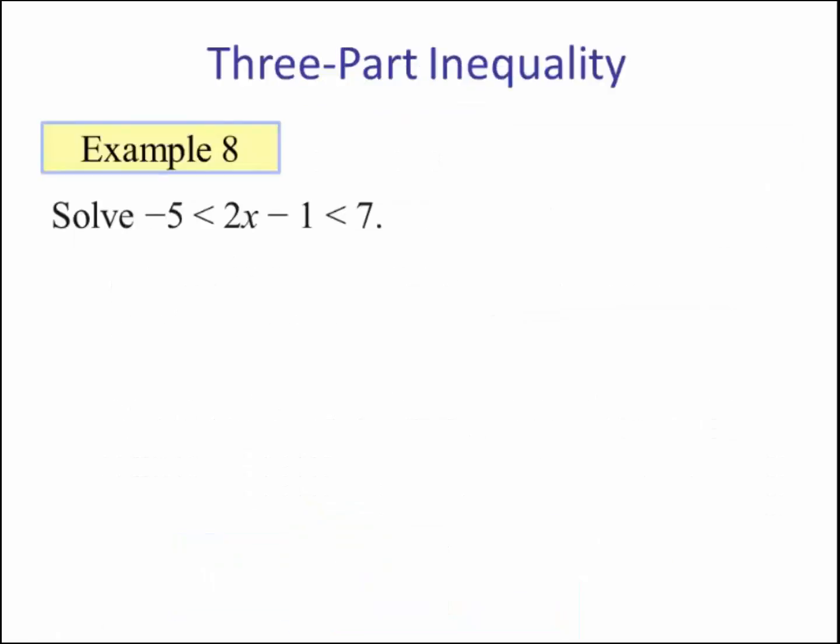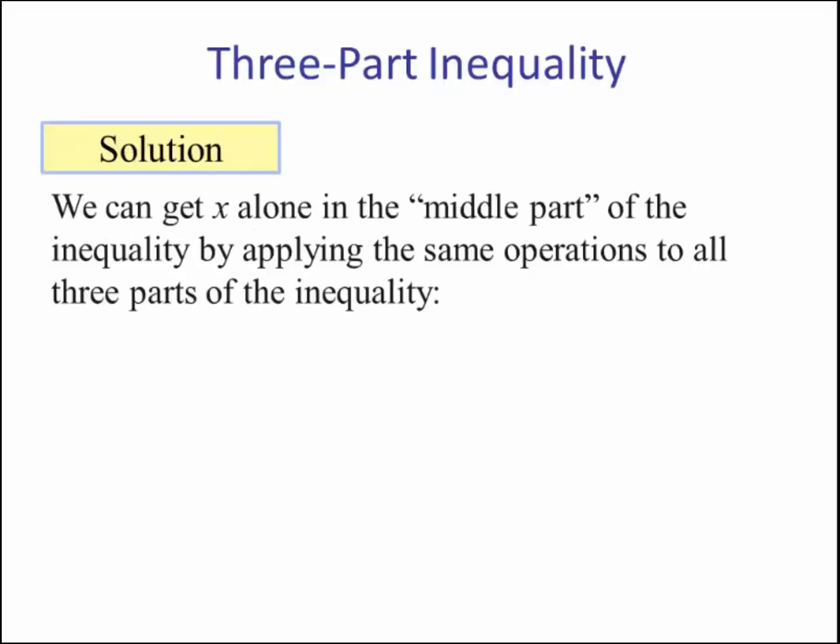Example 8. Solve -5 is less than 2x minus 1, which is less than 7. We can get the x alone in the middle part of the inequality by applying the same operations to all three parts of the inequality. So our first step is we're going to add 1 to all parts.